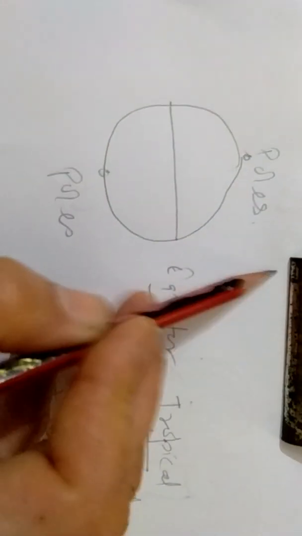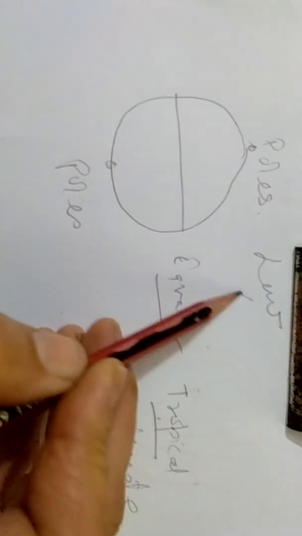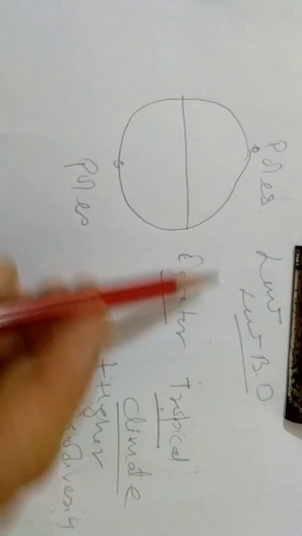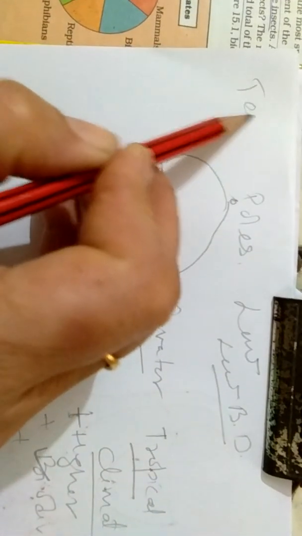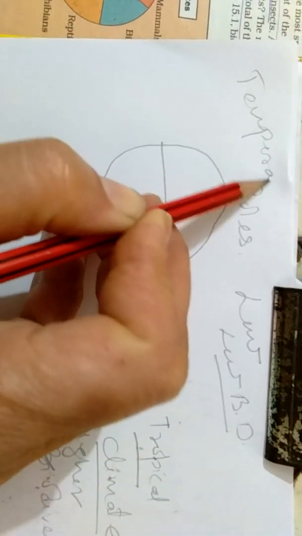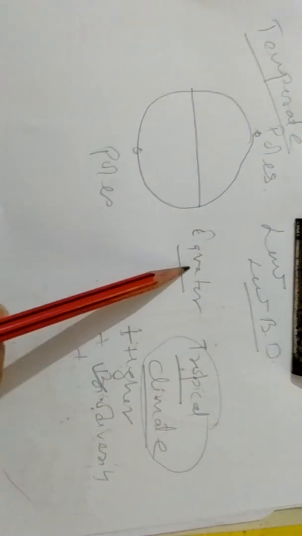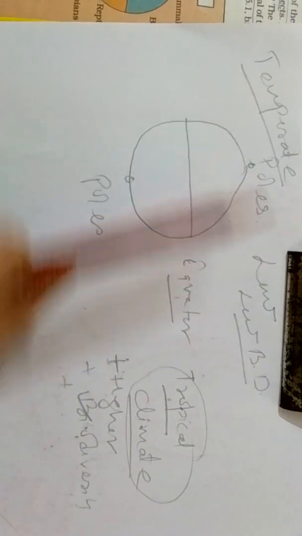But at the poles the temperature is low, so there is low biodiversity at the poles, and the climate there is called temperate climatic condition. So one is tropical at the equator, and at the poles the temperate climatic conditions are there.